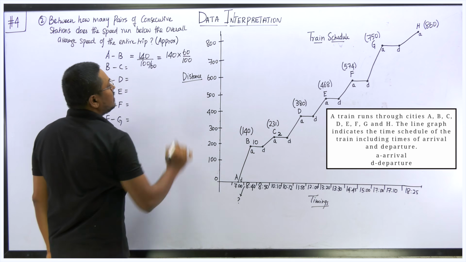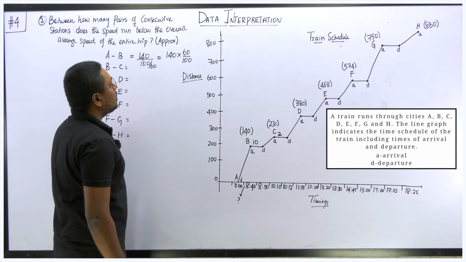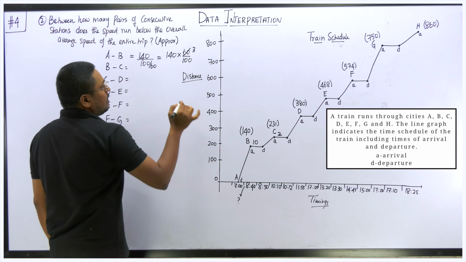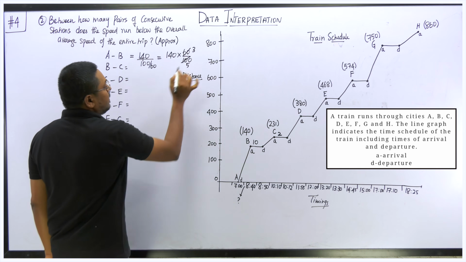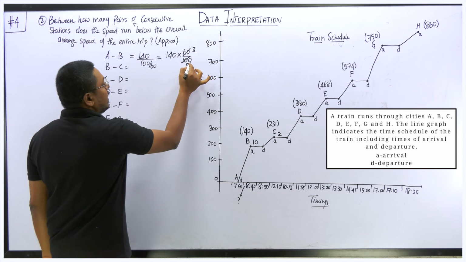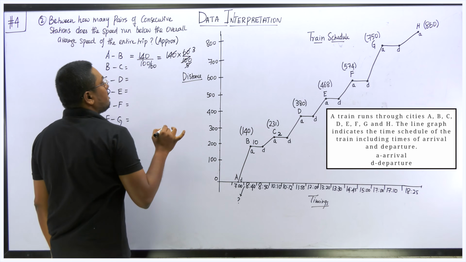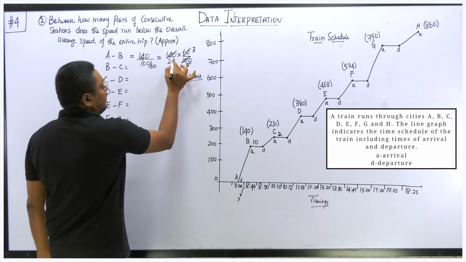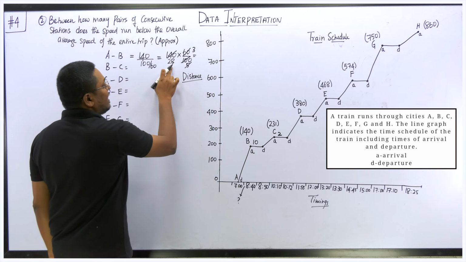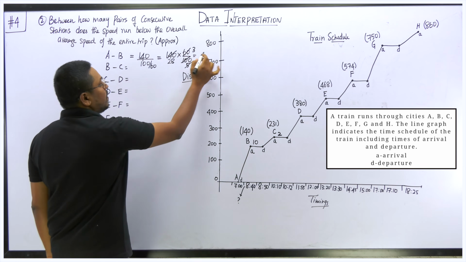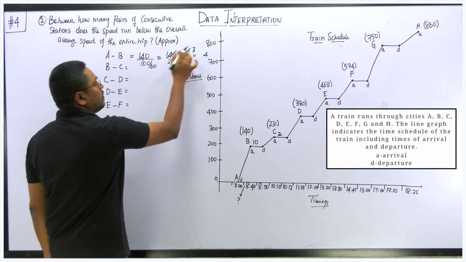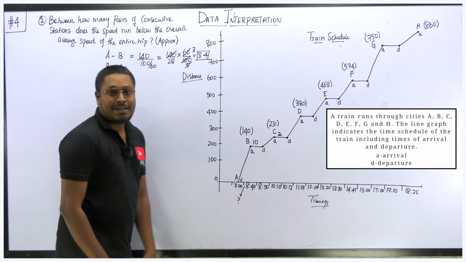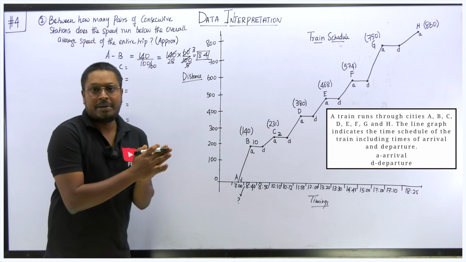If you cancel it on the 20 table, this will be 3 times, and this will be 5 times, right? Now we can cancel it. 5 2s are 10, so remaining will be 4, 8 5s are 40, so 28 into 3. 8 3s are 24, remaining will be 2, 3 2s are 6, 84. So the average speed that was taken, that speed will be 84 km per hour.